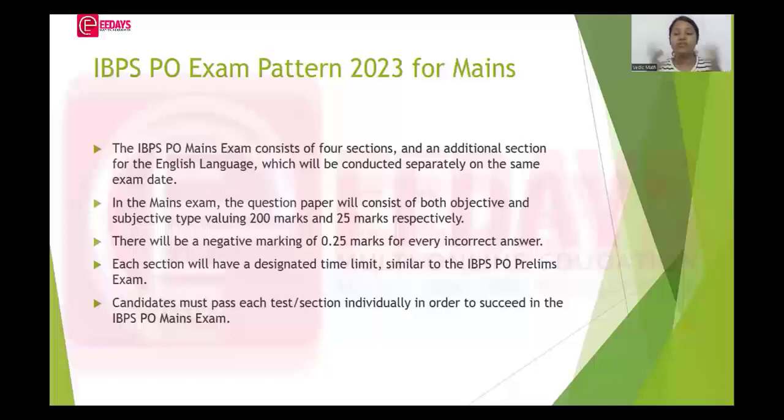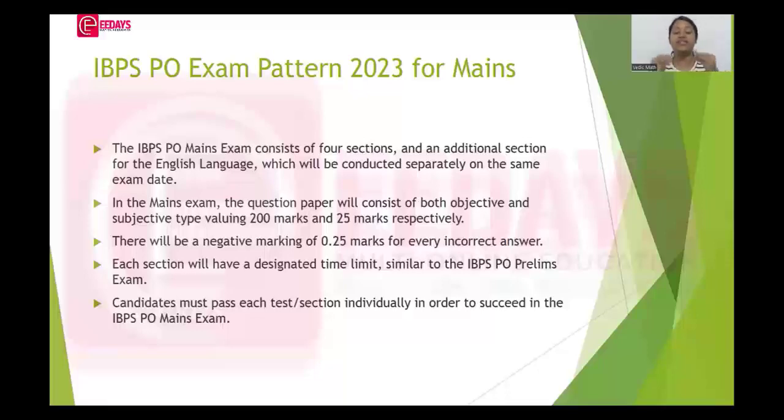Don't ever just mark it like that, and if it goes wrong, 0.25 mark will be cut off from your original mark. And there are people who are losing at 0.04 marks, 0.5 marks, 0.1 mark.